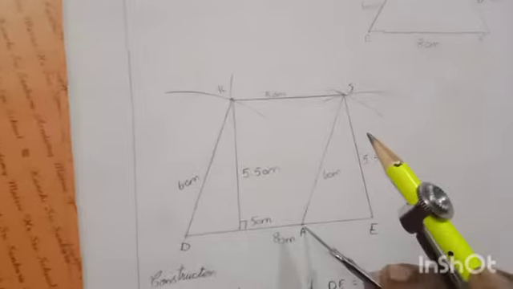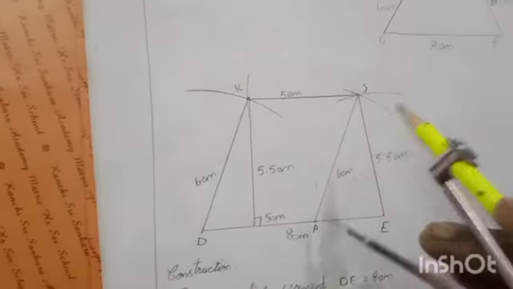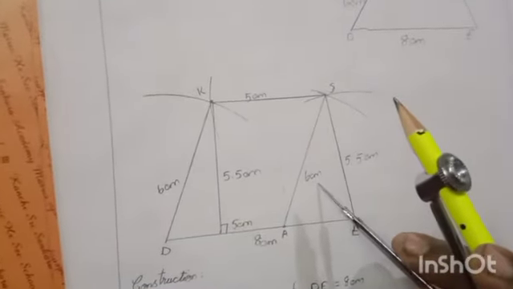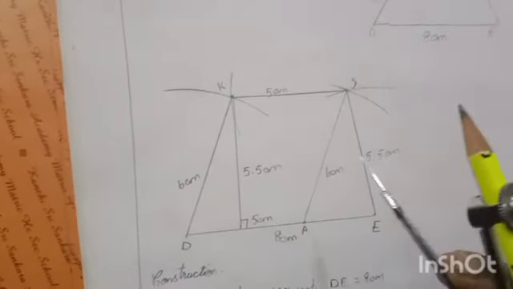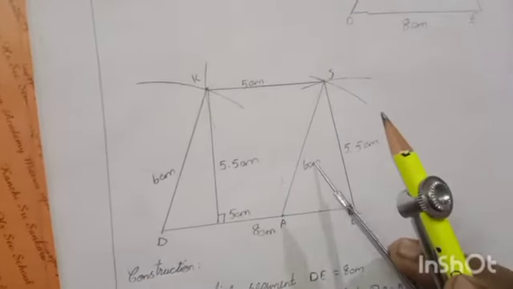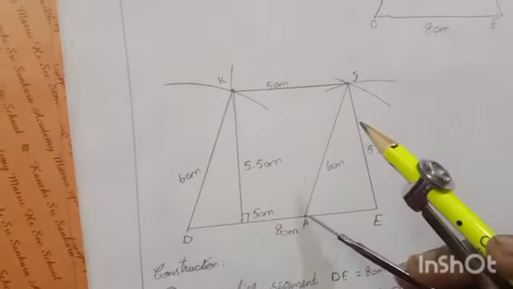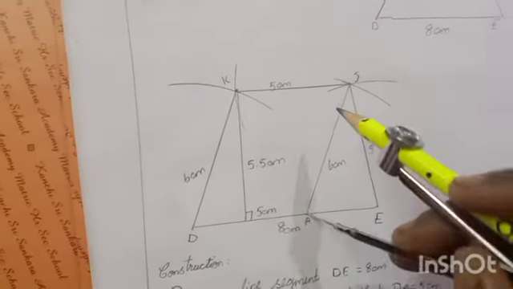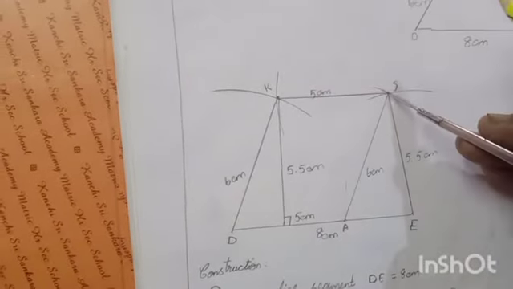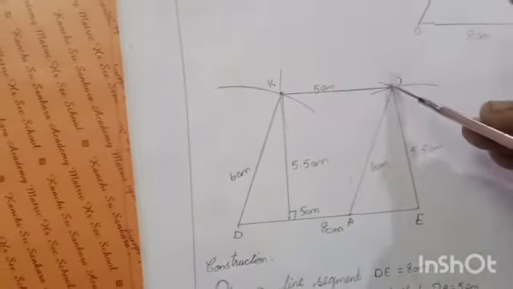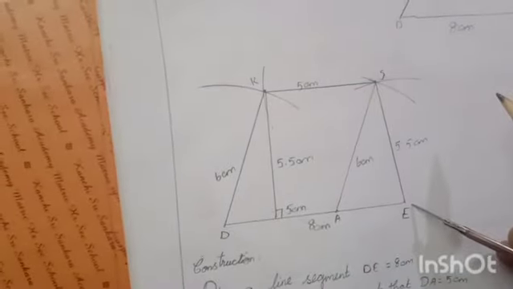Then with A as center, draw an arc of radius 6 centimeter. This 6 centimeter is not given separately, so whatever measurement is given here, the same measurement you have to use for this arc. So this line segment measurement is 6 centimeter. Mark this intersecting point, and join AS and AE.